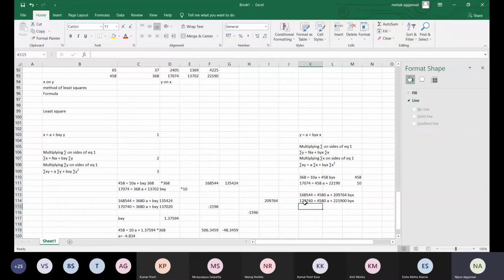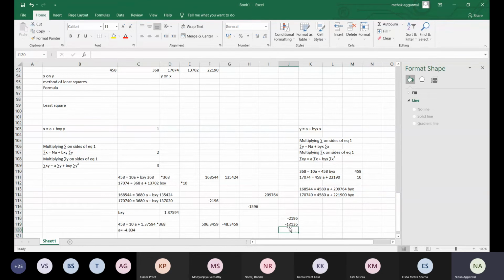Now subtracting the equations, we calculate the value of byx, which will be equal to 168544 minus 170740, which is 2196, divided by 209764 minus 221900. So now the value of byx, which will be this divided by this, comes out to be 0.180949.